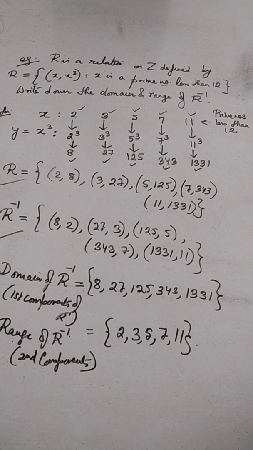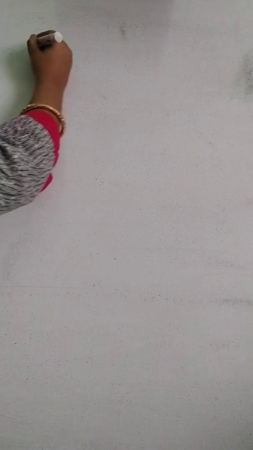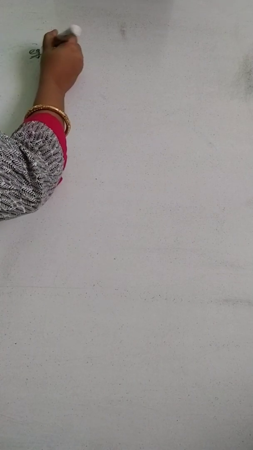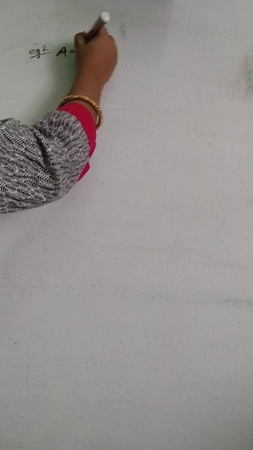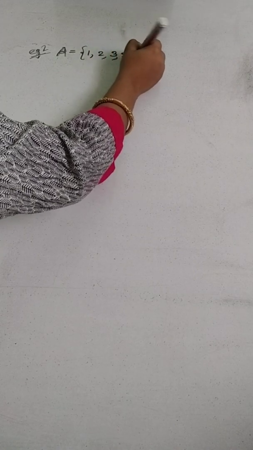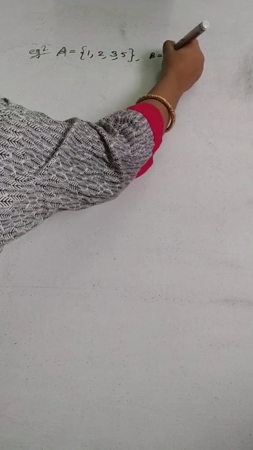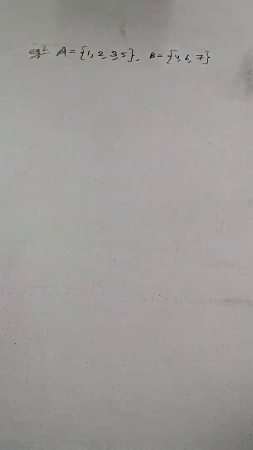Okay, we move on to the next question now. The next example, write it here, example number 2. A set A is given whose elements are 1, 2, 3, 5. Another set B is given whose elements are 4, 6 and 7.